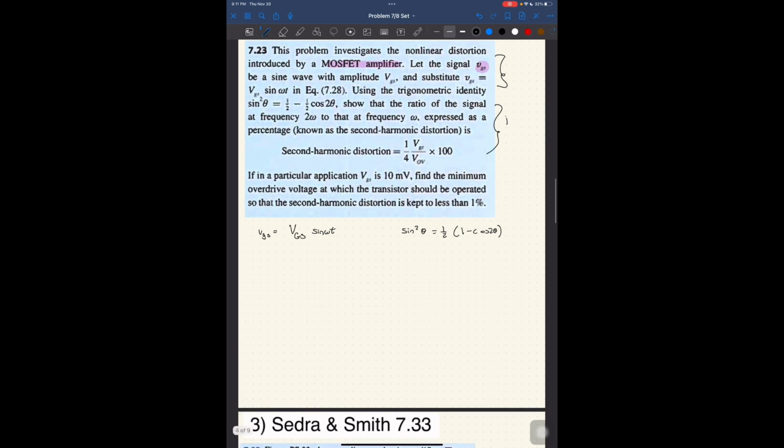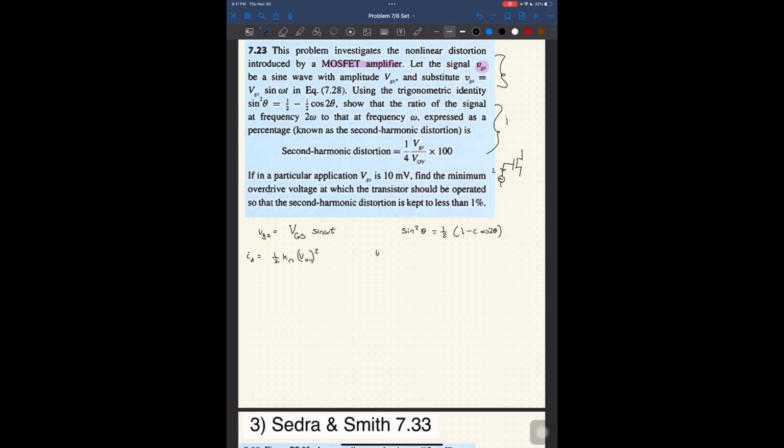But I understand from the get-go that ID is equal to 1/2 kn (VGS minus VT) squared. Here, I have little vgs and I have normal VGS. If we think back to a normal MOSFET, I have two of them.